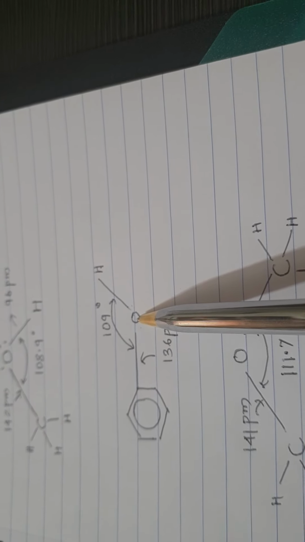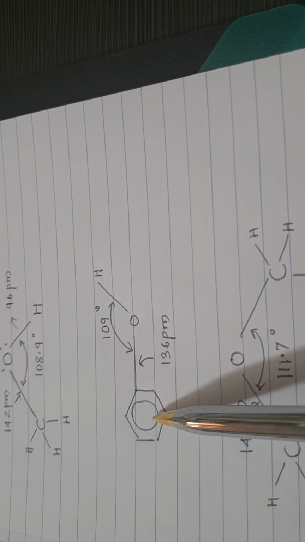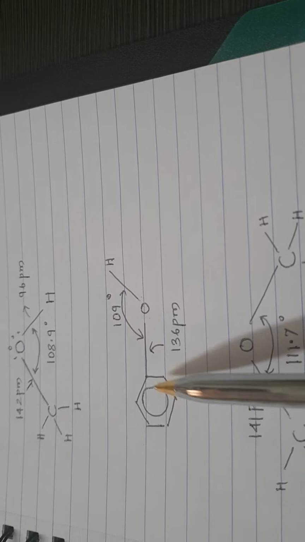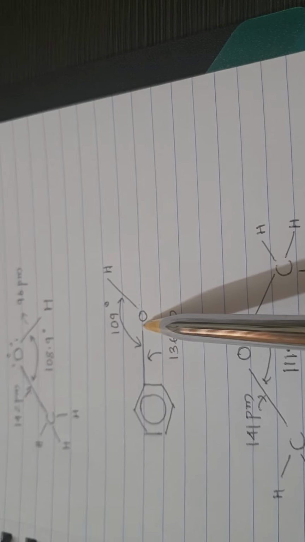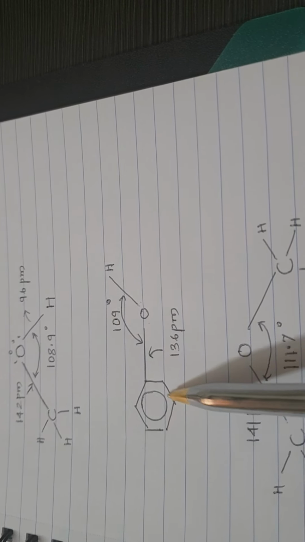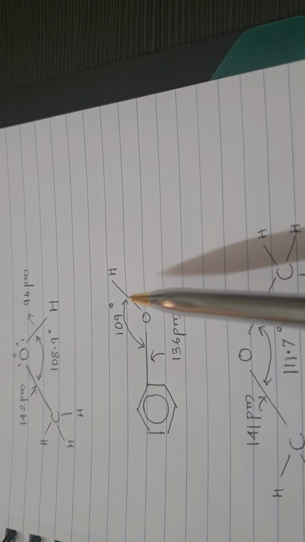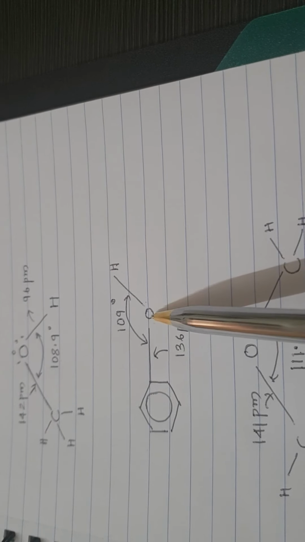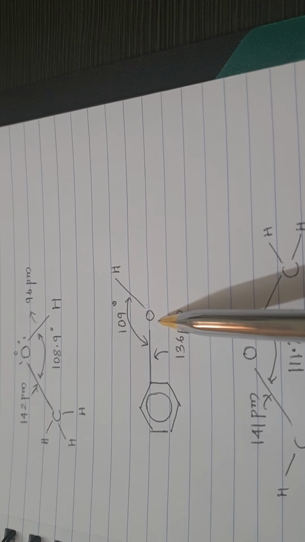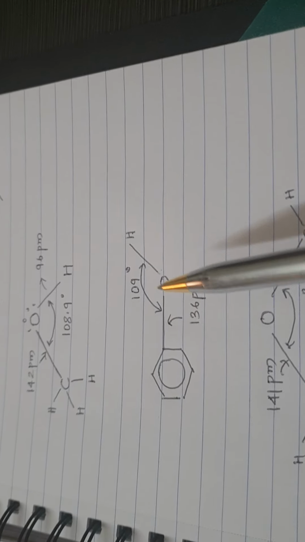Now in this particular case, it so happens that there is partial double bond character on account of a conjugation of the unshared electron pair of oxygen with the aromatic ring, and the second one is the sp2 hybridized state of the carbon atom to which the oxygen is attached. So this is what is responsible for a shorter bond length between carbon and oxygen in the case of phenols.